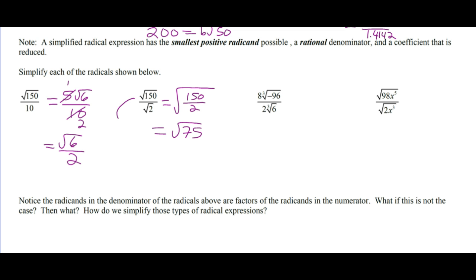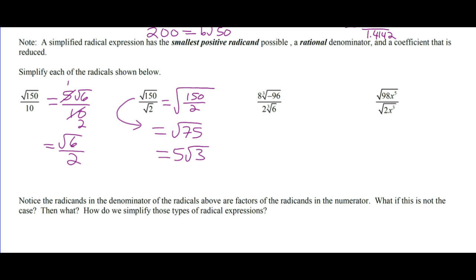Now, if you want, you can go from here directly to here, right? You just say, look, 150 divided by 2 is 75. Sure, this is how it happened, but I'm just going to show it like that. And then root 75, of course, we all know is 5 root 3. Okay, one of us knows, or a couple of us know.